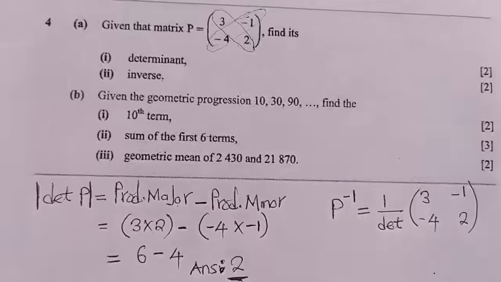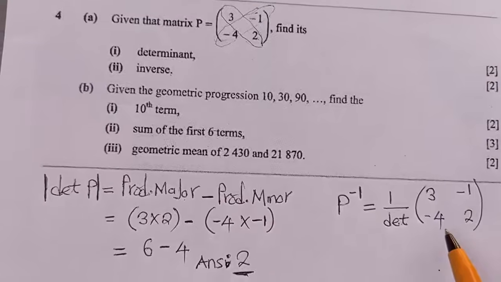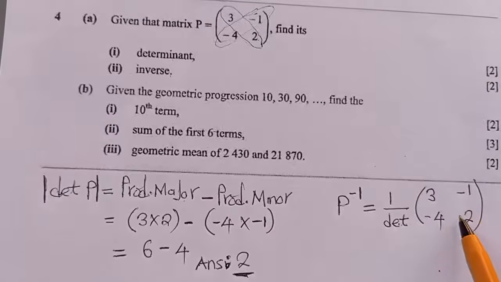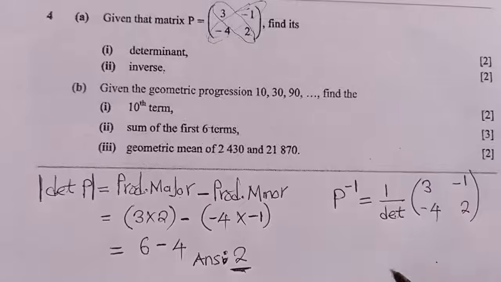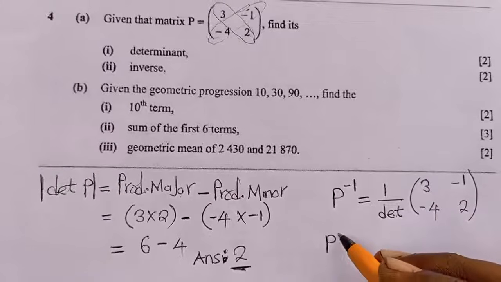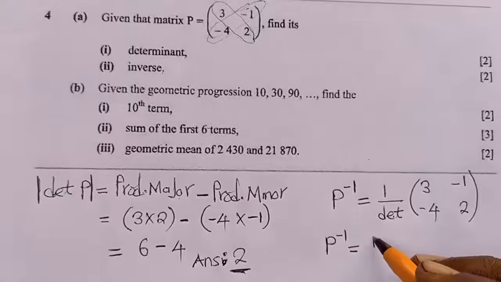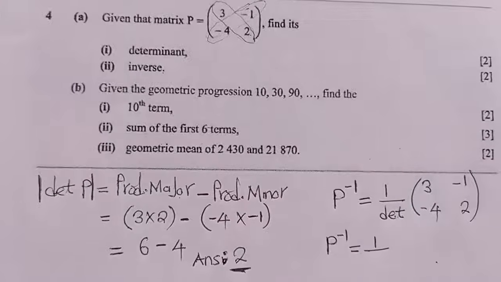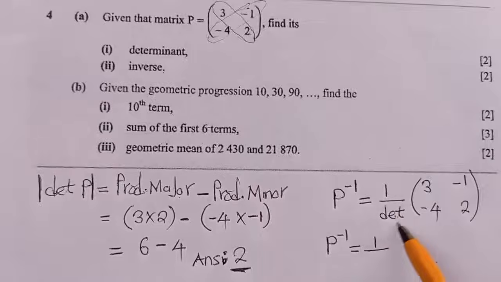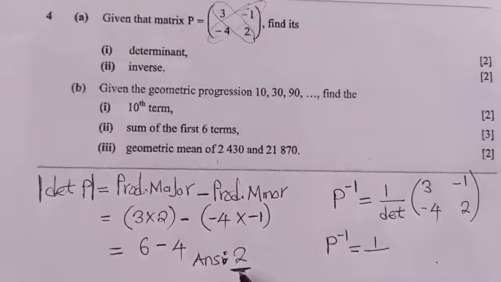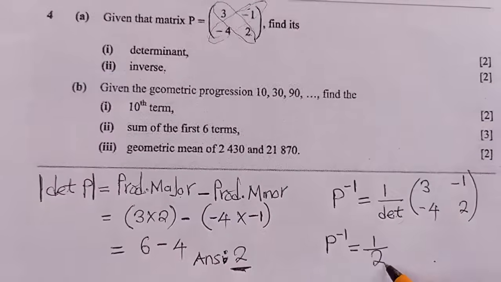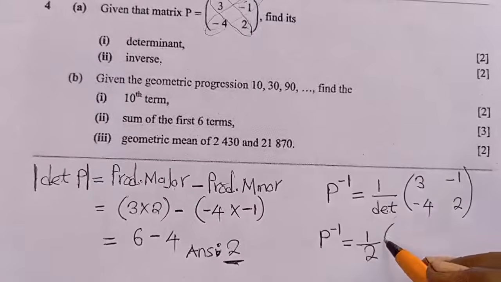This is our matrix. So the inverse of that matrix is equal to 1 over the determinant, which is 2. I put a 2 there.